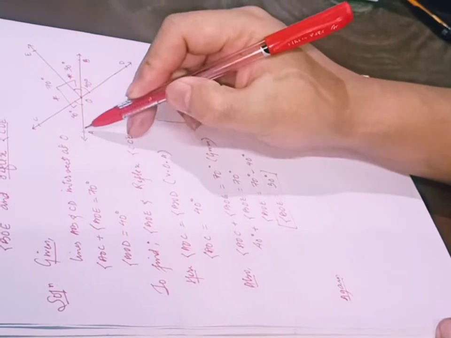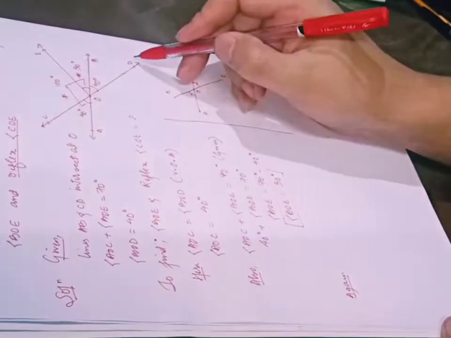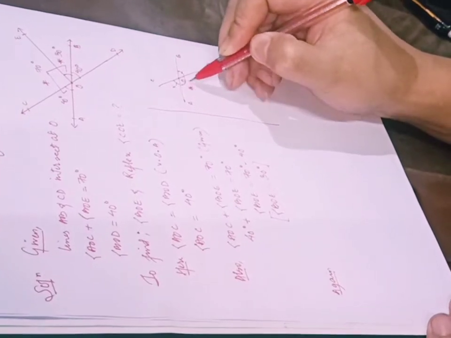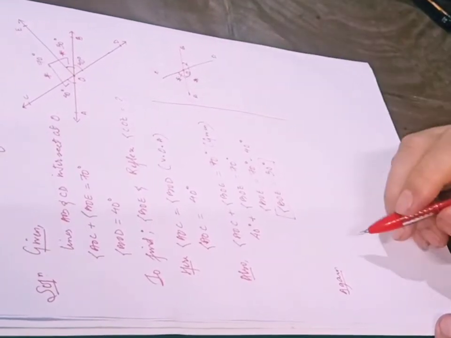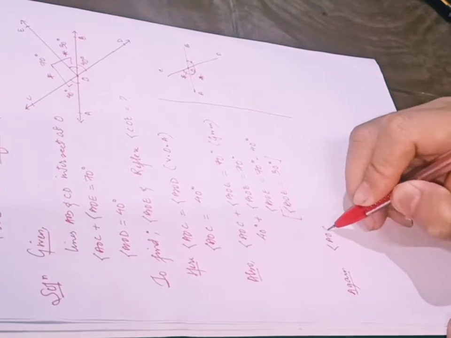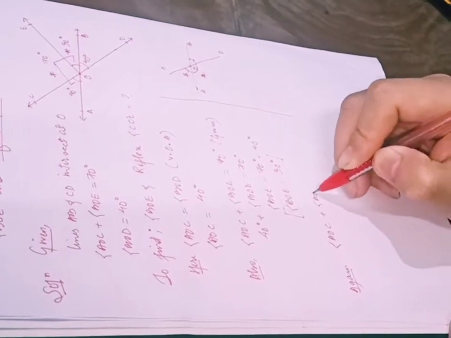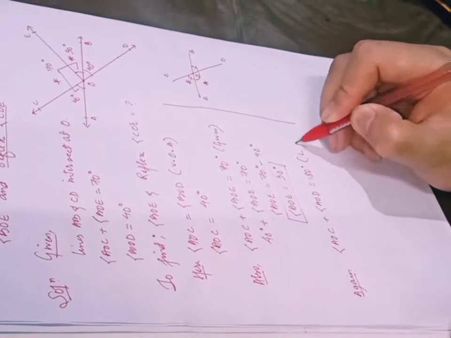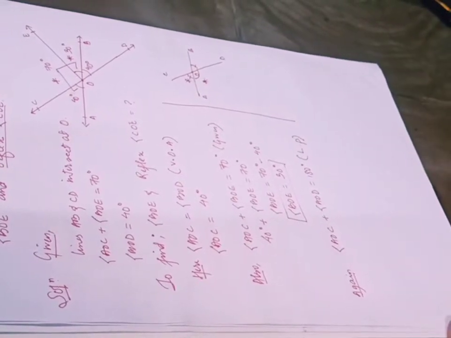Now angle AOC and angle AOD, these two angles, they will form a linear pair, right? So your angle AOC plus your angle AOD is equal to 180 degree. The reason is they form a linear pair. Is it okay?